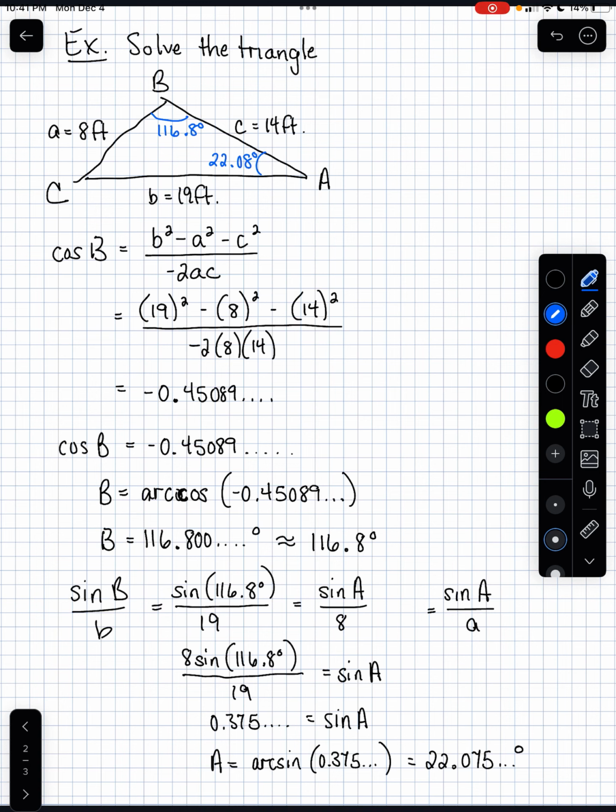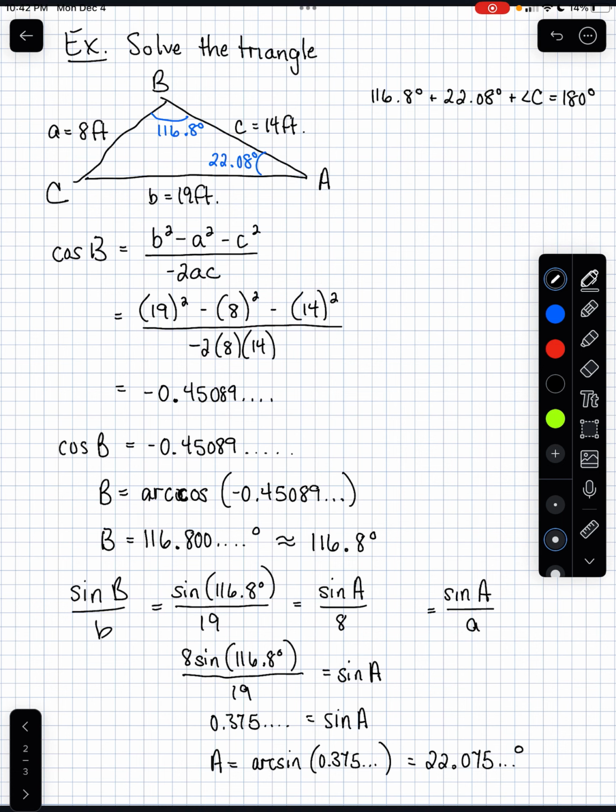Now that we have the size of two angles, we subtract both of them from 180 degrees, and that will give us the measure of angle C. So again, 116.8 degrees plus 22.08 degrees plus the measure of angle C is equal to 180 degrees.